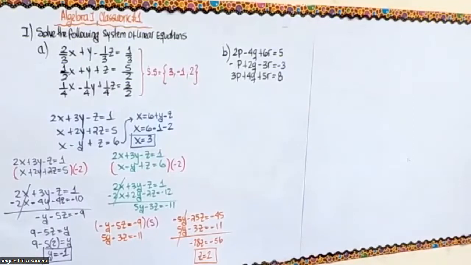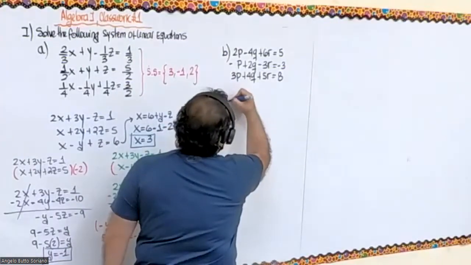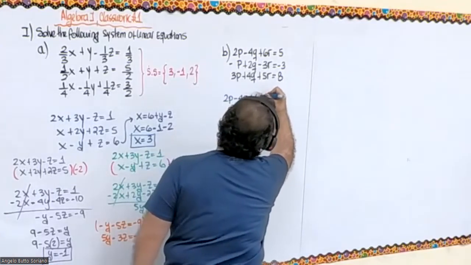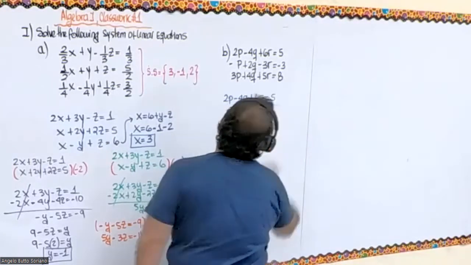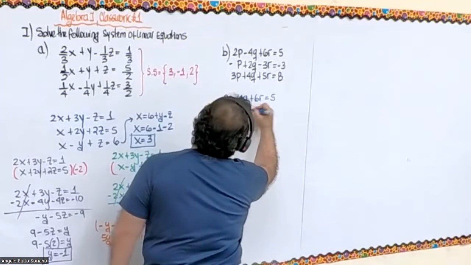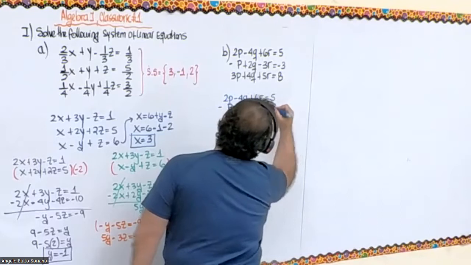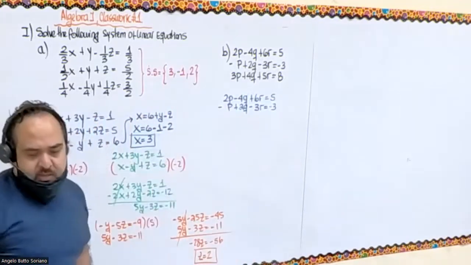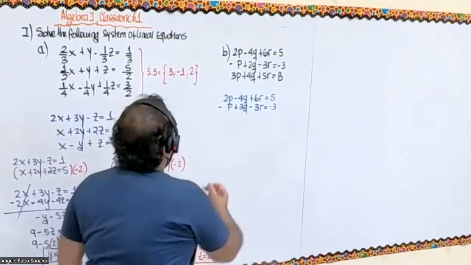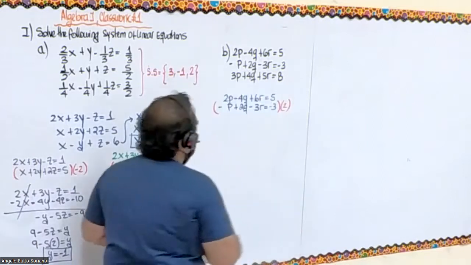The only thing that we have to do is take the first equation with the second one. We got 2p minus 4q plus 6r equals 5, and the other one will be -p plus 2q minus 3r equals -3. Because we really need to eliminate the letter p, the only thing that we have to do is multiply the second equation by 2.